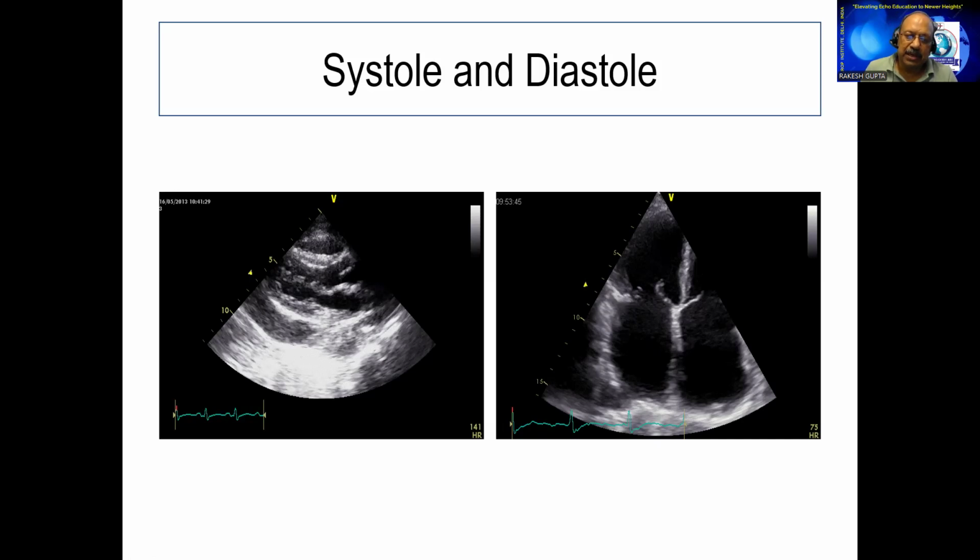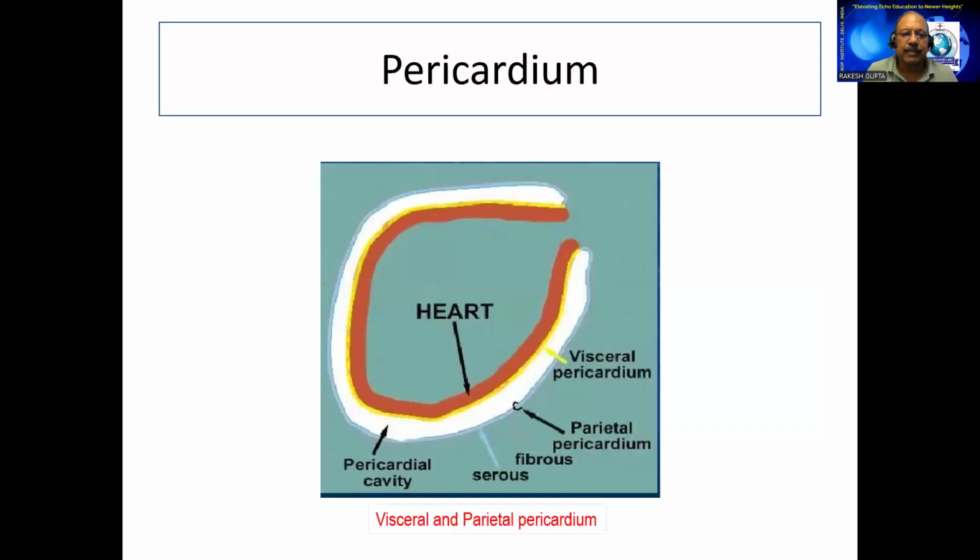So if I say systolic collapse of RV, it means the RV is collapsing during systole. If I'm saying diastolic collapse of RV, it means the RV is collapsing during diastole, that is from the end of the T wave to the beginning of the QRS complex. That is the first and foremost part of this presentation.